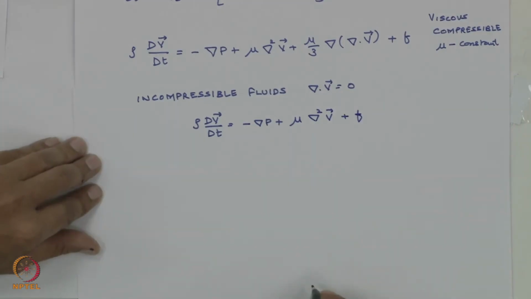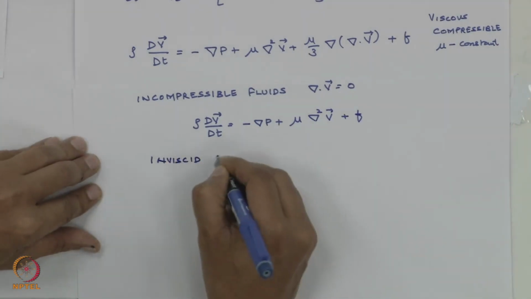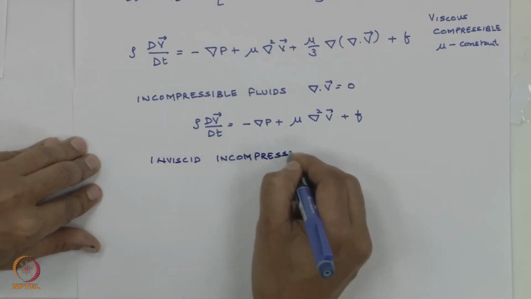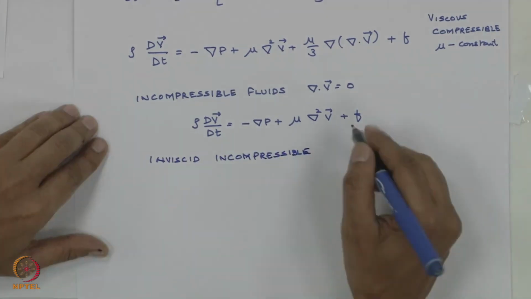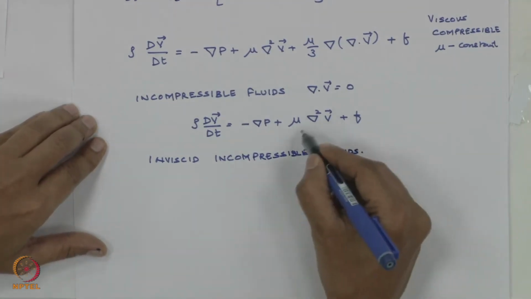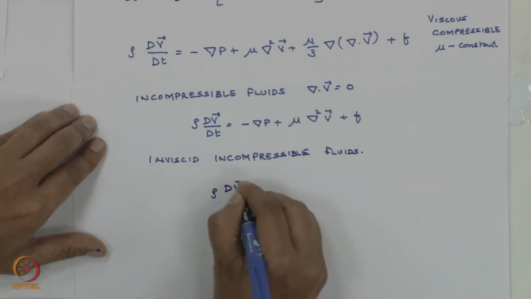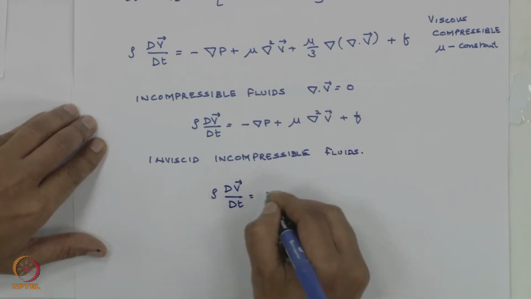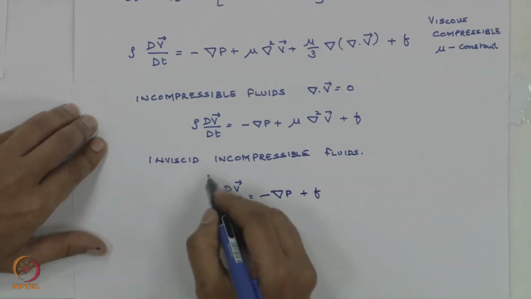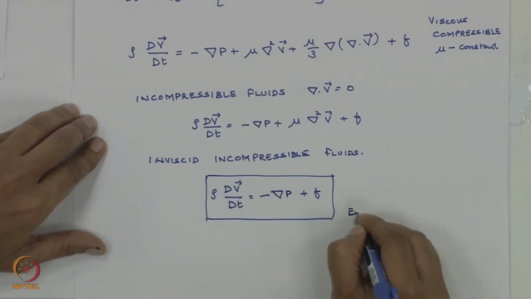Now let me write for inviscid, incompressible fluids. So what will you get? The viscous term will vanish, so you are going to get rho dv by dt is equal to minus del p plus f. This is nothing but my Euler's equation, but you can't see it directly the way we write it.